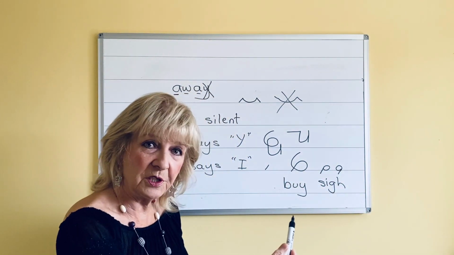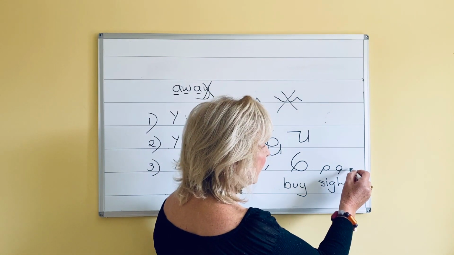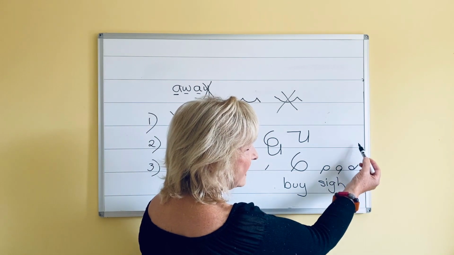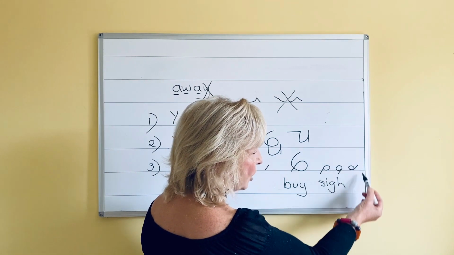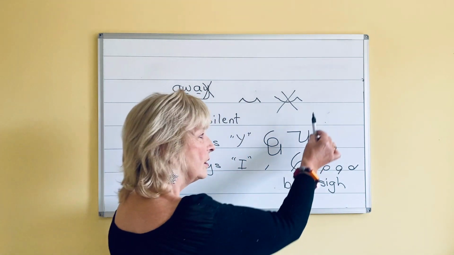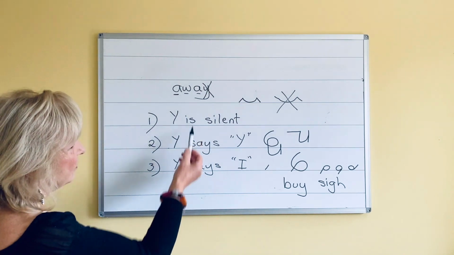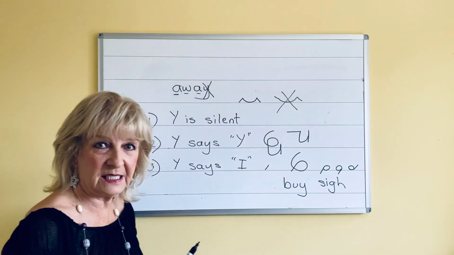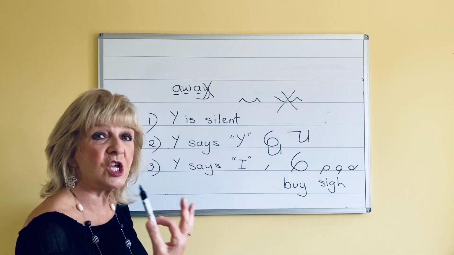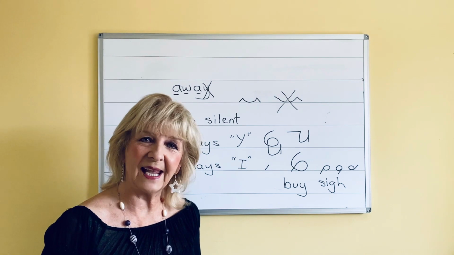So the S goes at the top and then the I. If you did the S first and then the I, you may read that back as is, because if we're reading from top to bottom, we read the I first and then the S. So top to bottom, left to right when we're transcribing. So those 3 things need to be considered then: when Y is silent, when Y says Y, and when Y says I, using that I indicator.